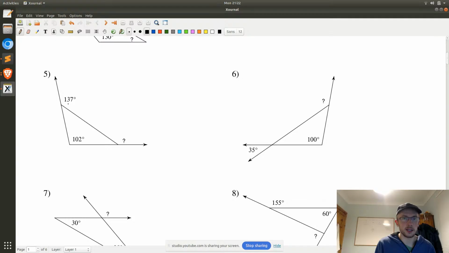Angles on a straight line sum to 180 degrees, i.e. they supplement one another. Beg your pardon, so 180 take away 137 is 43. 43 add 102 is 145. Take that from 180 and we have 35.